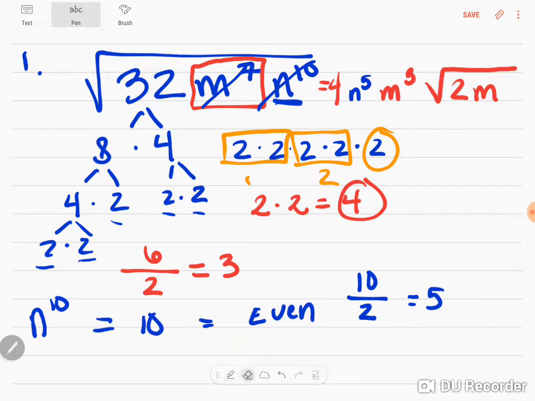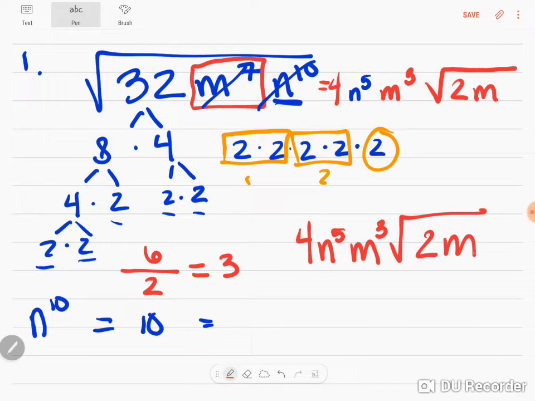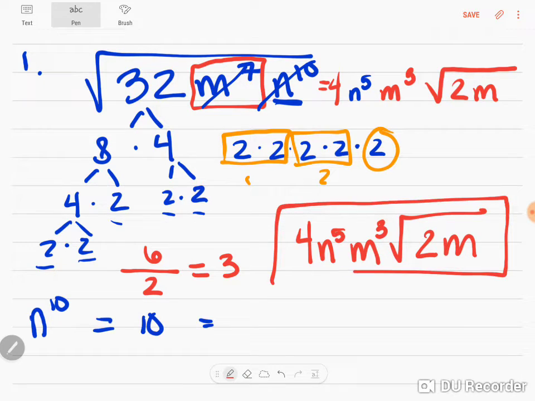So our answer is 4 m to the 3rd, n to the 5th, square root of 2m. That's our answer right there.